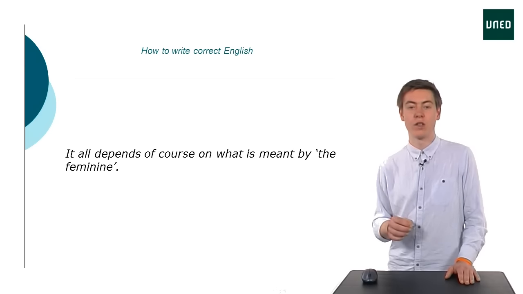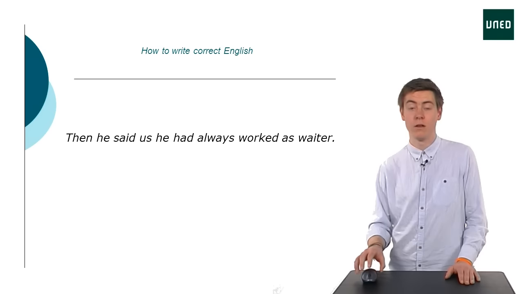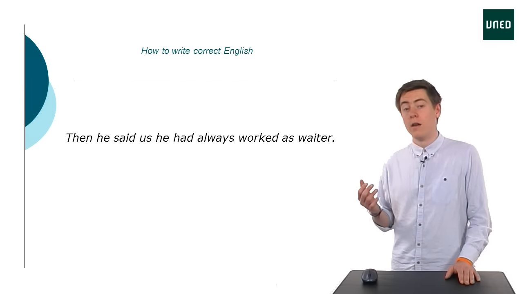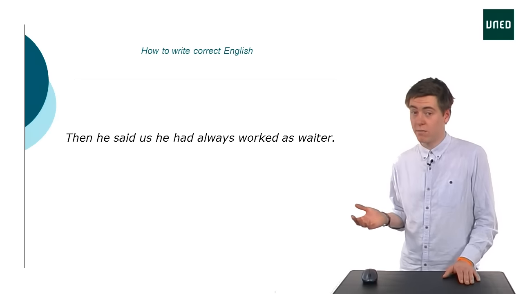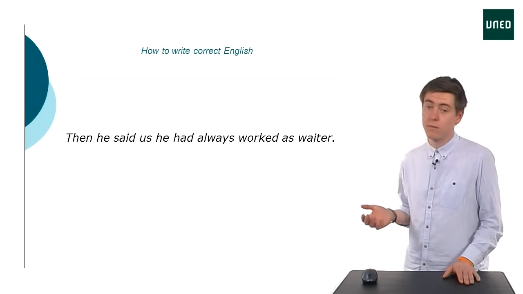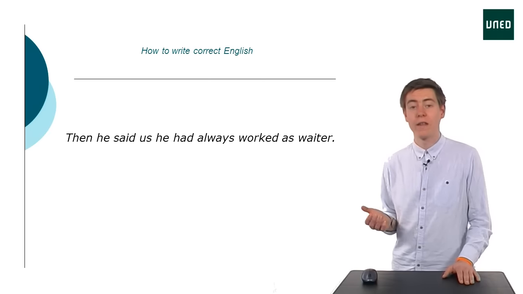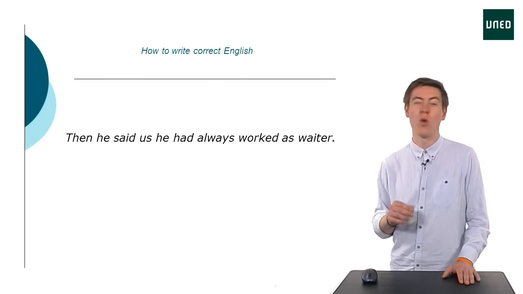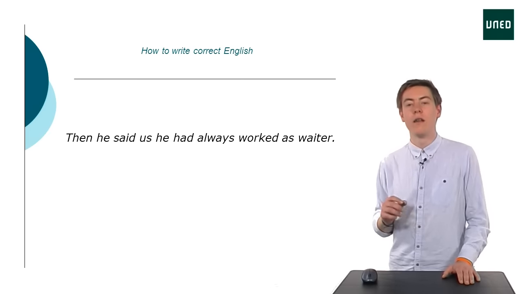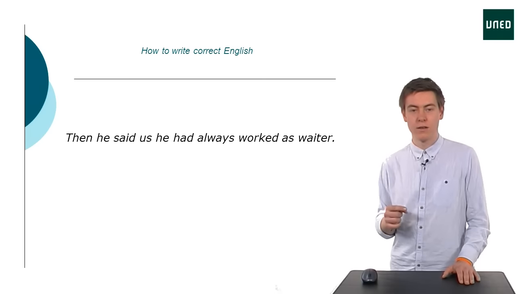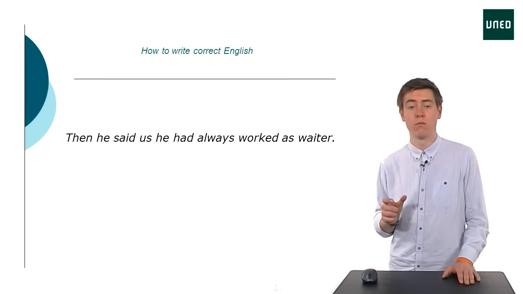Now here is the task for this module. I want you to look at this sentence. Now there are 2 mistakes in that sentence. You can probably see them immediately, but finding the errors is not the task, or not yet anyway. Now we can divide that sentence into pairs of words.